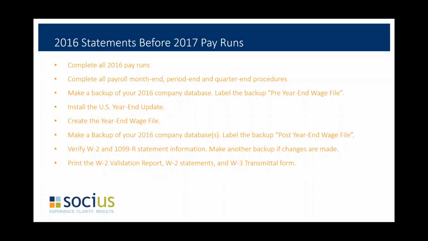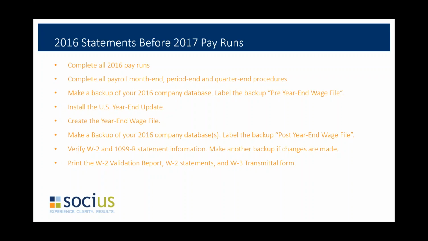Once we've installed the year-end update and created the year-end wage file, we'll run another backup so that we are in a good spot, all backed up and ready to go prior to verifying and then printing our W-2 forms, etc., and 1099-Rs as well.